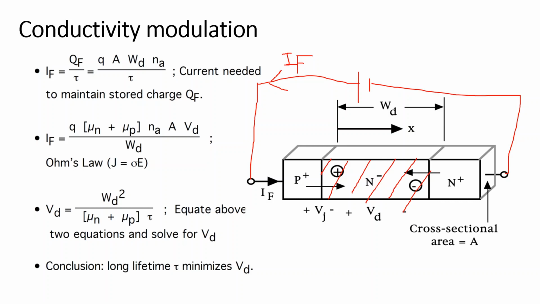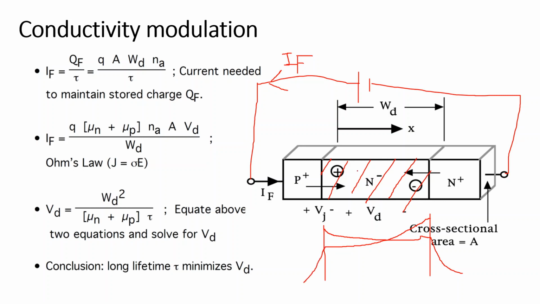Okay, so if the n minus region is filled with charges, then holes keep on going here and keep on recombining. Similarly, electrons from this side keep on going here and keep on recombining.